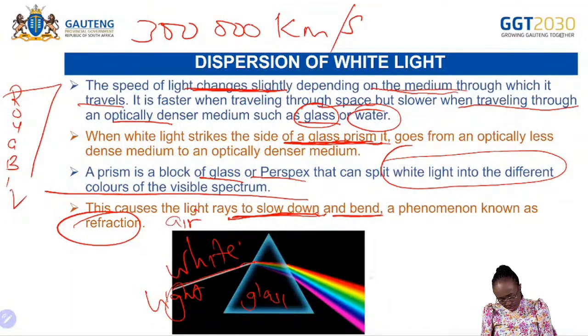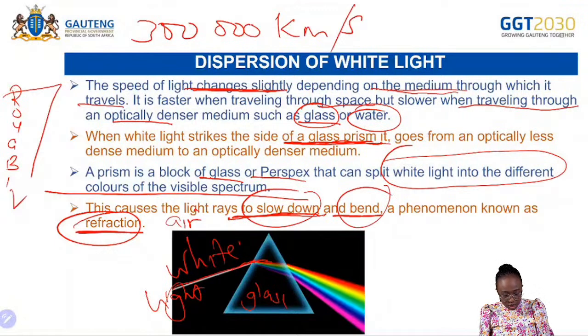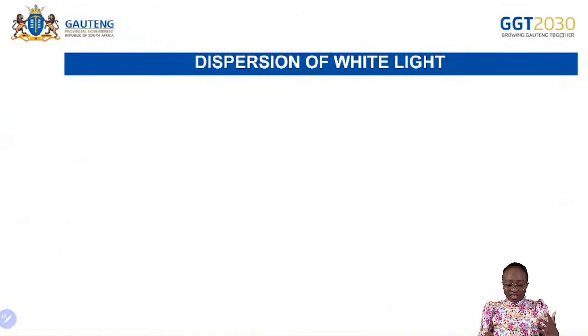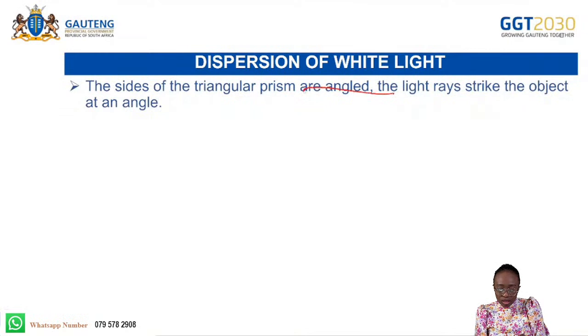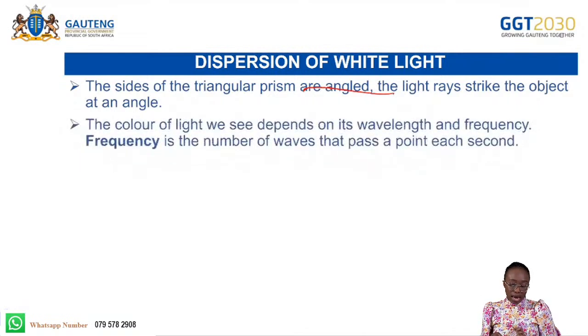Once it has reached the glass prism, slowed down and bent, through this process of refraction, something happens. Let's continue. The side of the prism is angled, so the light is going to strike the side of the glass prism at an angle.